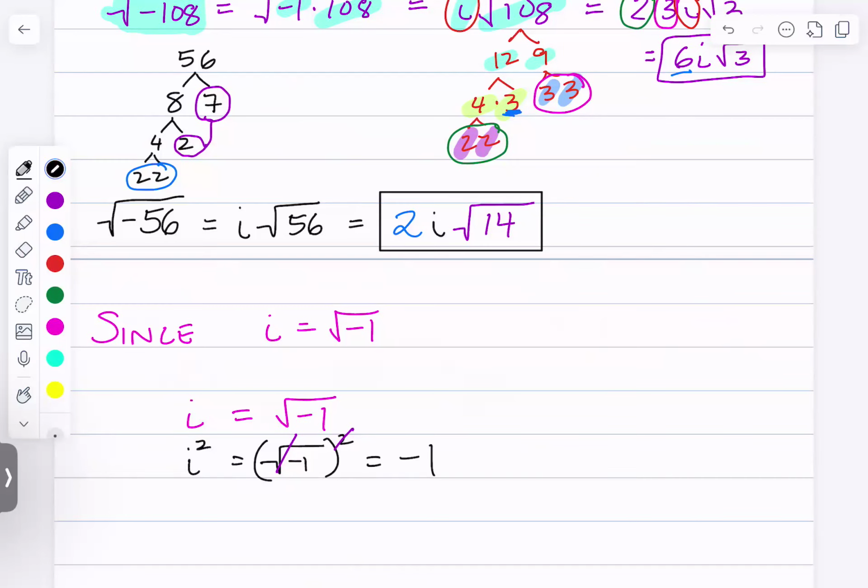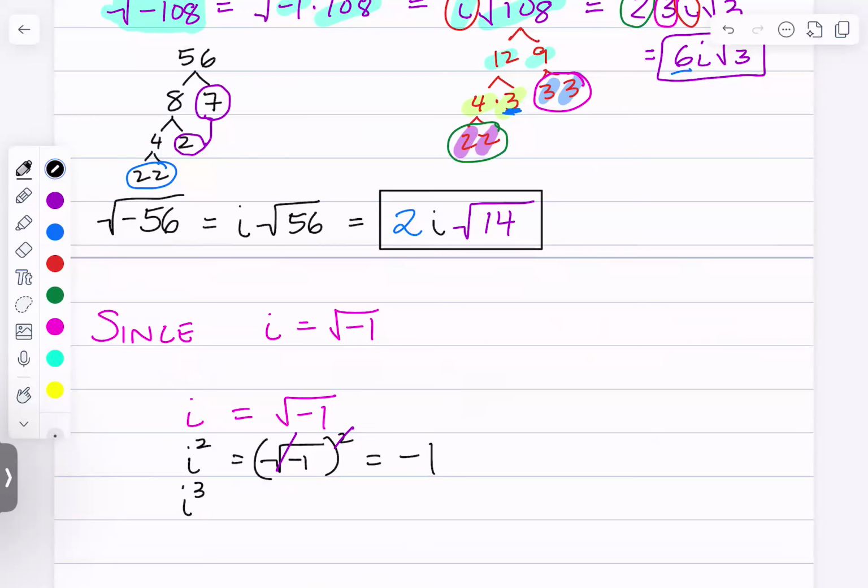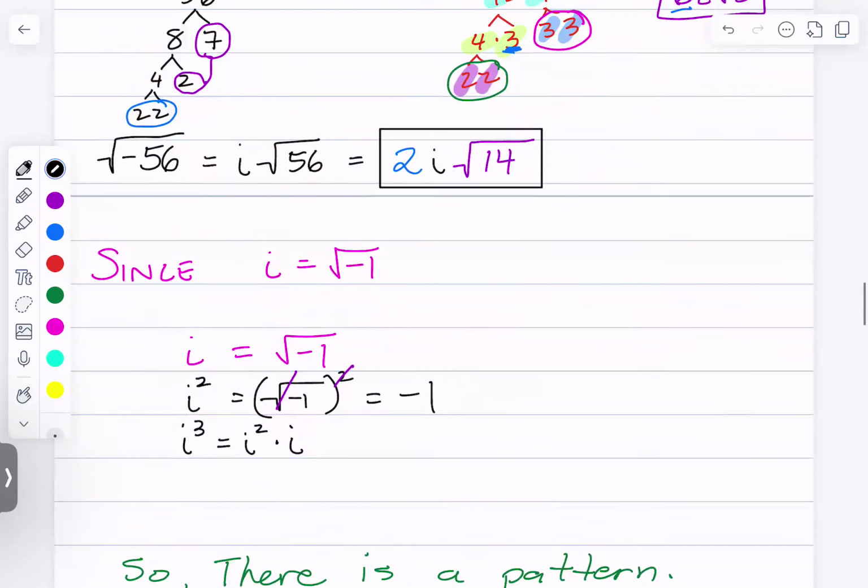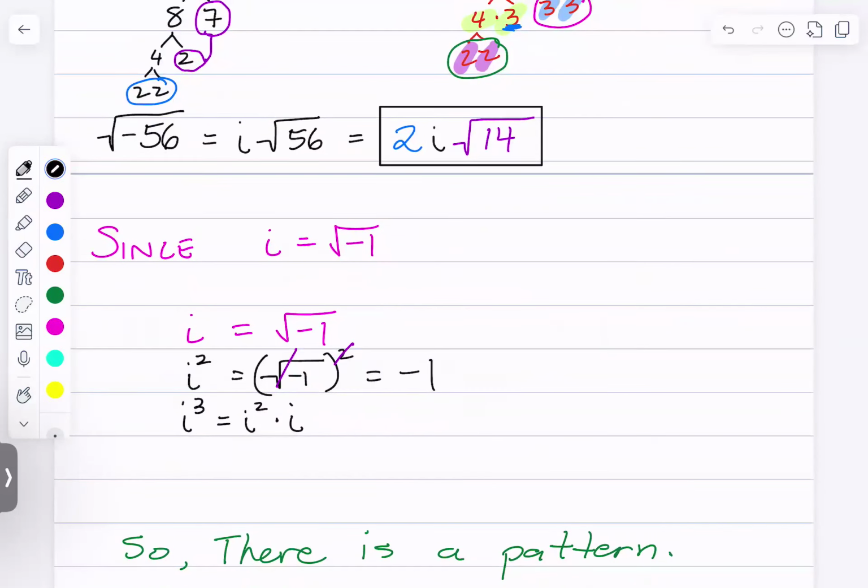So now I have i squared equals negative 1. For i cubed, I can rewrite i cubed as i squared times i. i to the third power is the same thing as i squared times i. Since i squared is negative 1, that's negative 1 times i, which equals negative i.